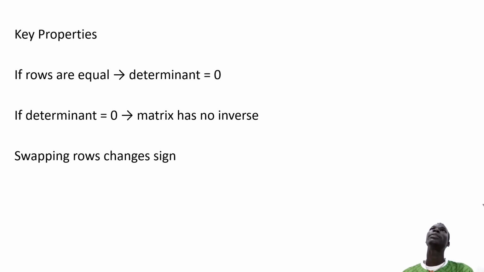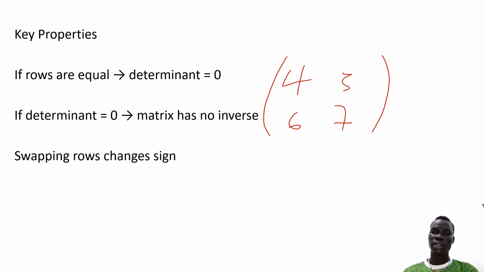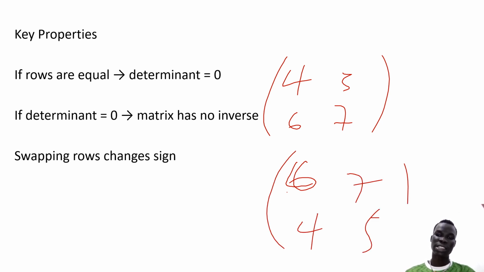When you want to swap the rows, like when you have 4, 5, 6, 7, you bring the upper row down and the lower row up, then you say 6, 7, then 4, 5. This changes the sign when you swap the rows.